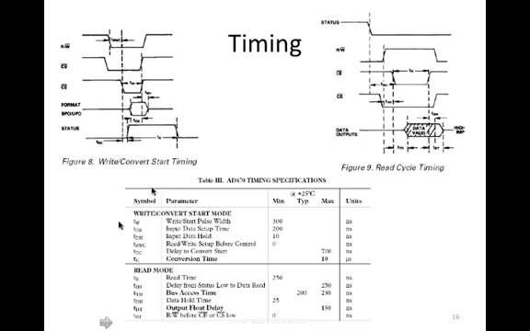For example, what we are trying to do here is apply 0 to R/W, which means we want to start a conversion, and we apply 0 on CS to select this chip, and at some point we apply 0 to CE, and once we have this, we know the conversion is going to start.